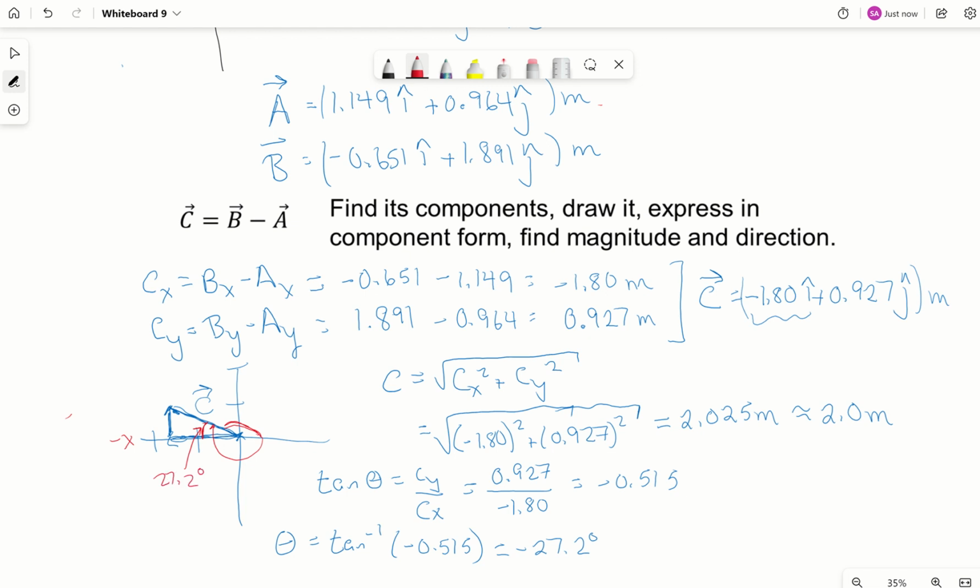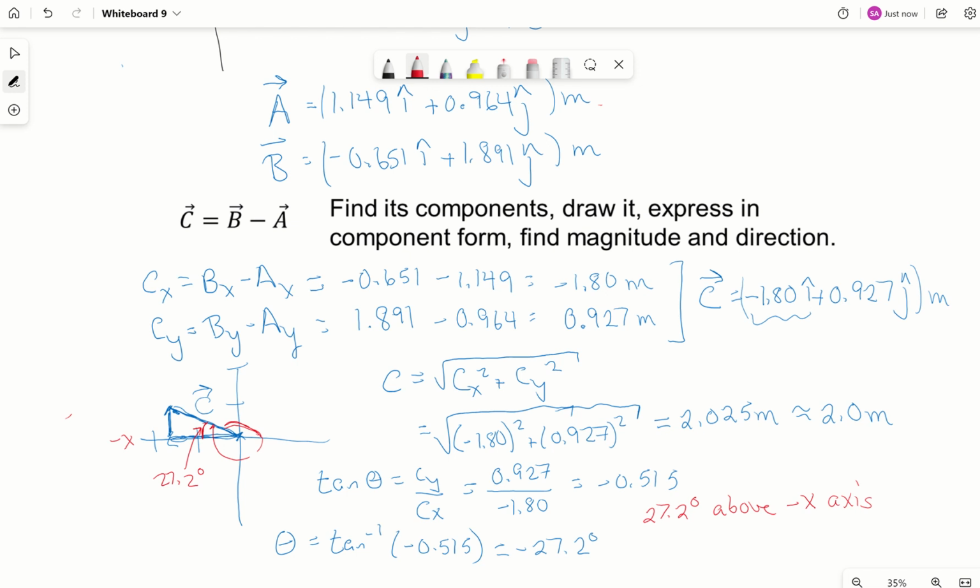So when you're telling me what the angle is, you need to tell me with respect to what. So I could say that it's 27.2 degrees, or I should round that to 2 significant figures, 27 degrees above the minus x-axis. Or if you're putting your answer in on the homework site, then they want to know the angle from the plus x direction. So they want this bigger angle from the plus x direction over towards your vector.